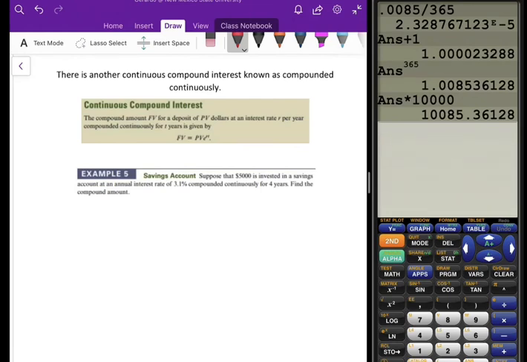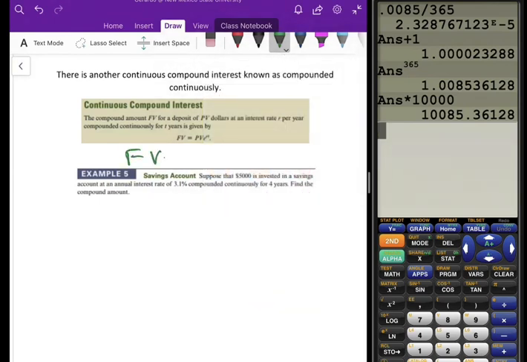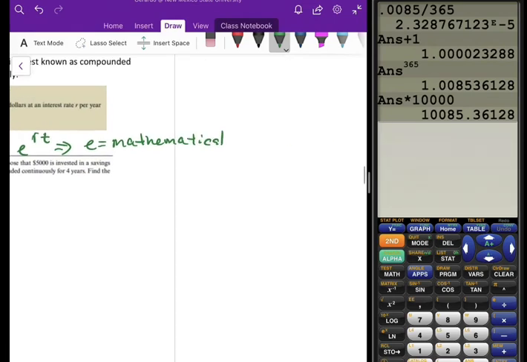So we're going to follow this formula. The formula states that future value equals present value times e to the rt, where everything's the same with the exception of the e, which is just a mathematical constant like pi.